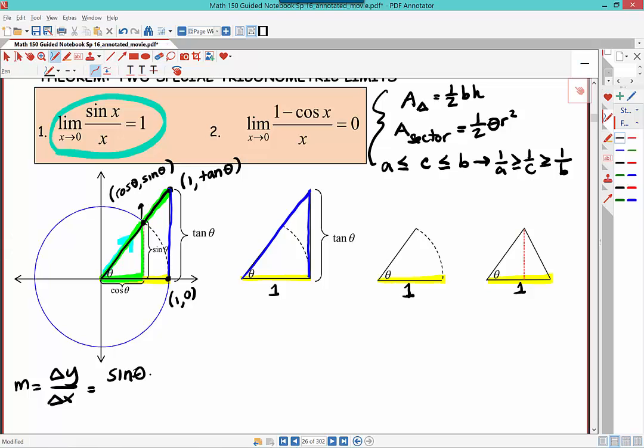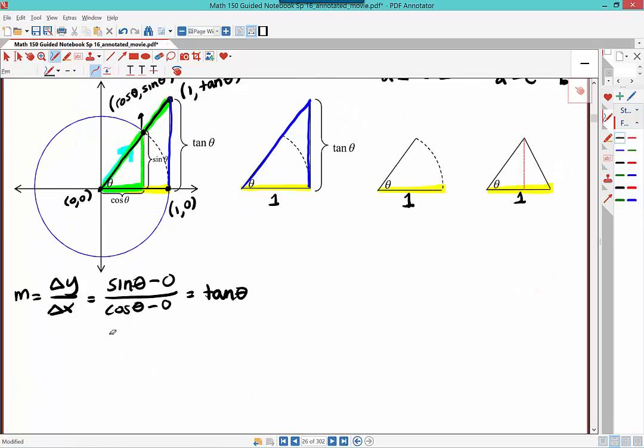So if you looked at our slope and you said, oh, the slope is the change in y over the change in x, which is going to be sine theta minus 0, because we have an ordered pair at the origin, at 0, 0. And we have 2 ordered pairs. For this guy, we have cosine theta, comma sine theta, and 0, 0, right? So that'll be over cosine theta minus 0, which is sine theta over cosine theta, which is tangent theta. So we have a slope of tangent theta.